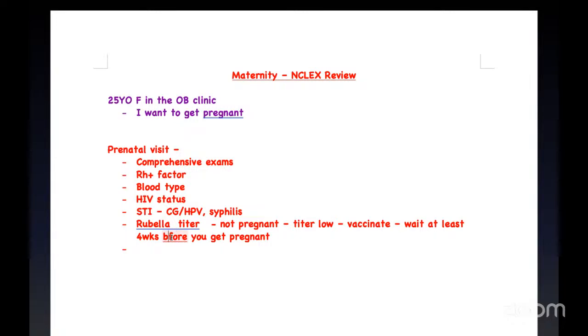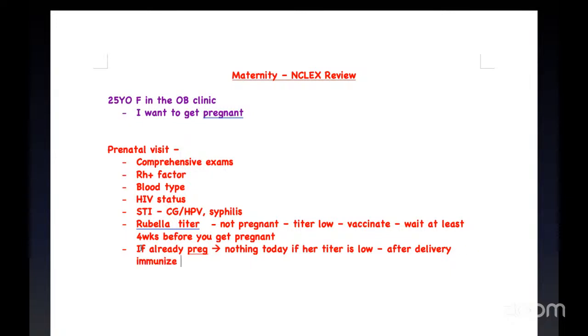If she's already pregnant, there is nothing to do if the titer is low. You just have to wait until after delivery, then you immunize this patient. So that is the key if you see a question like that.